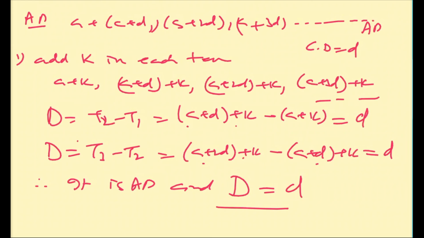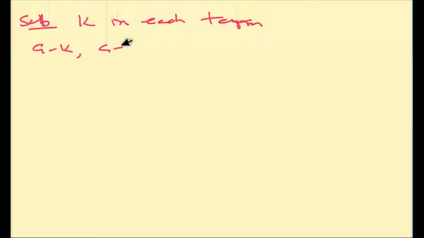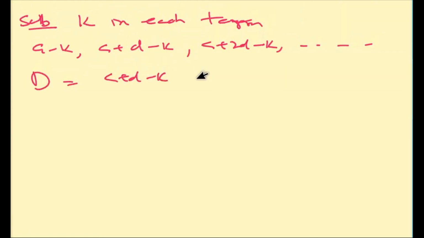Okay student, now similarly if we subtract k from each term, what do we get? a minus k, a plus d minus k, a plus 2d minus k, and so on. Now we check t2 minus t1, a plus d minus k minus a minus k.